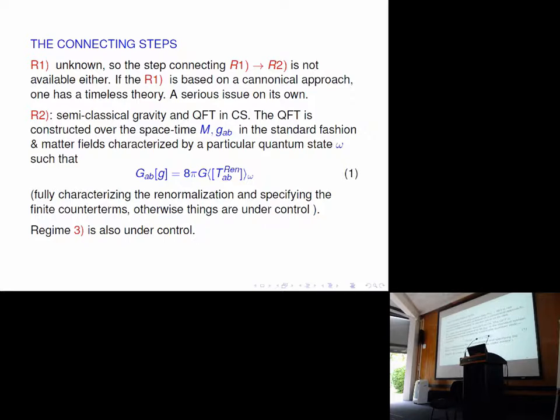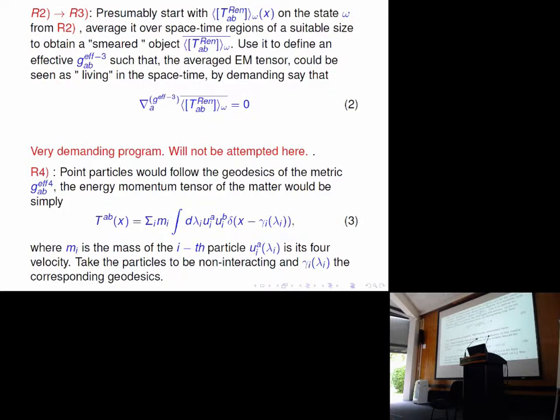Regime 3 is also under control, but let's think for a moment about how we would go from regime 2 to regime 3. Presumably we would take the expectation value of the energy momentum tensor in that regime, average it over certain regions of a suitable size to obtain some kind of smeared energy momentum tensor, and then read from the behavior of this tensor the metric.